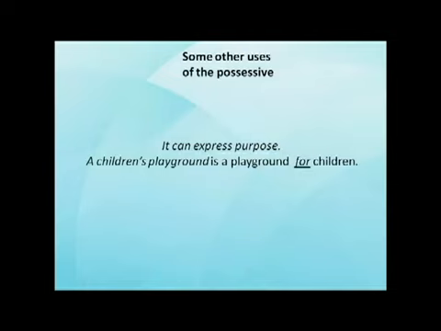Some other uses of the possessive. It can express purpose. Children's playground is a playground for children. You cannot use the customer's car park. In Spanish, no puedes usar el parqueadero para clientes.